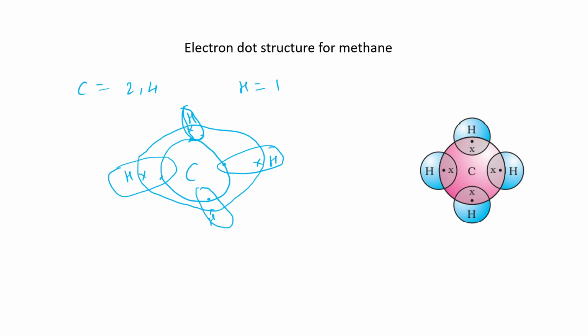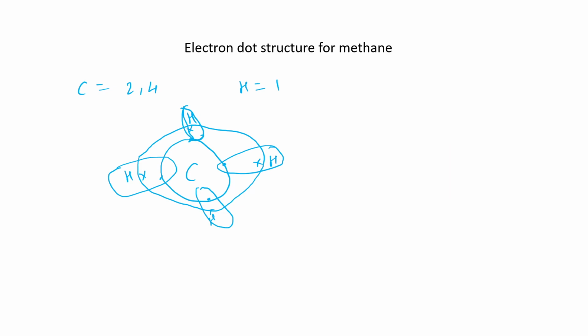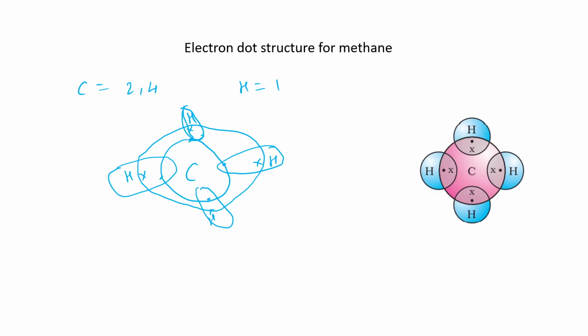Okay, so in this way you can draw the electron dot structure for any covalent compound, and this is a frequently asked question in the exam also. Draw the electron dot structure for methane, for oxygen, for the nitrogen molecule, and you have to draw that.